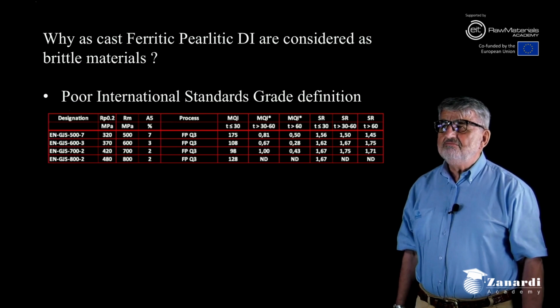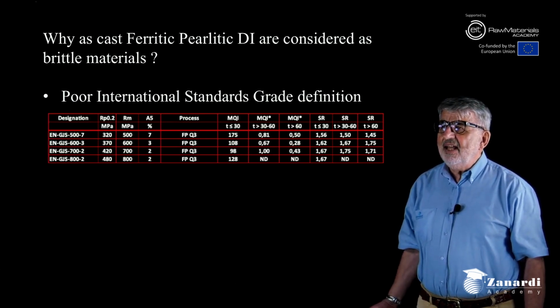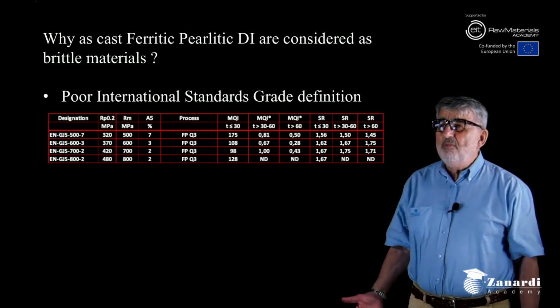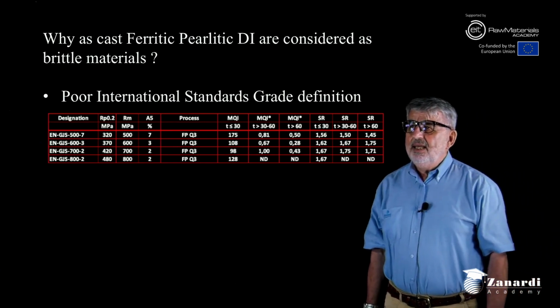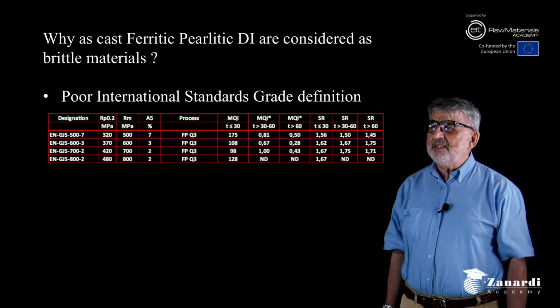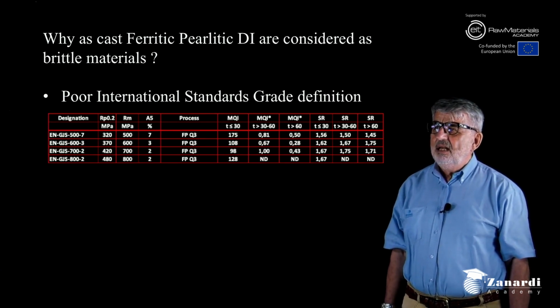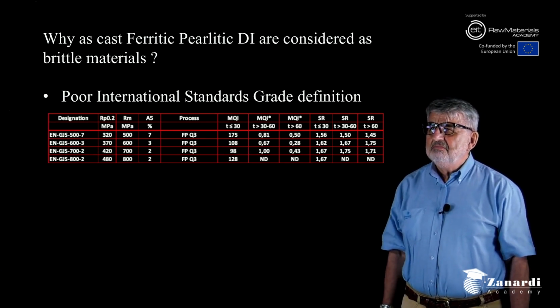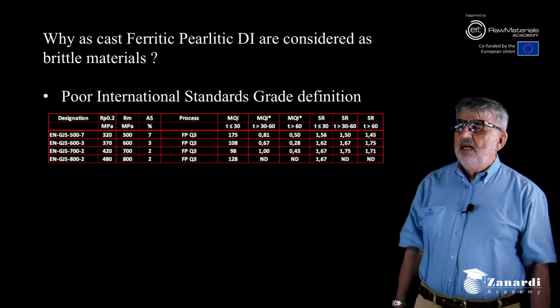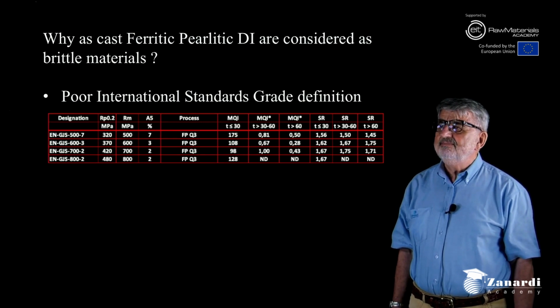And it cannot use the 600-3 or the 700-2 or the 800-2. But common practice indicates that typically with 600 megapascal of ultimate tensile strength in a Y25, it's typical to get elongation at fracture of more than 12%.